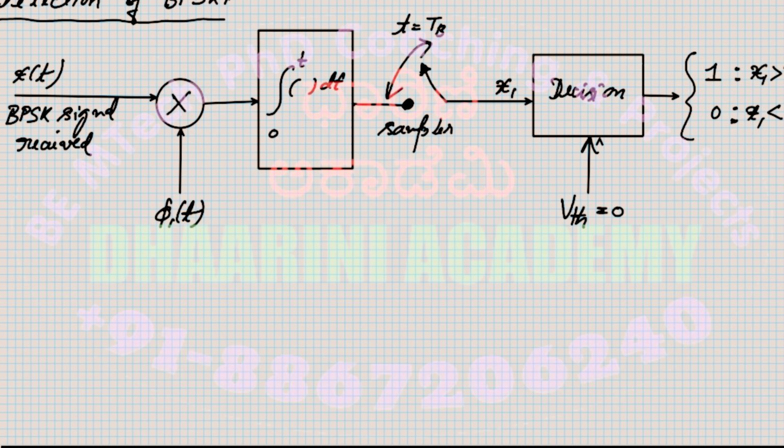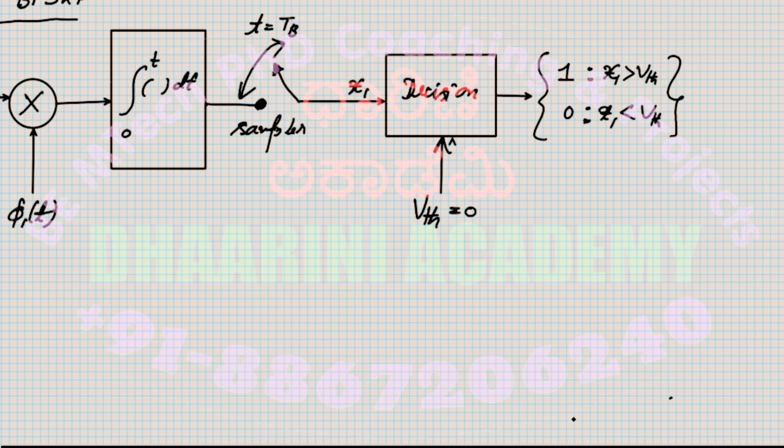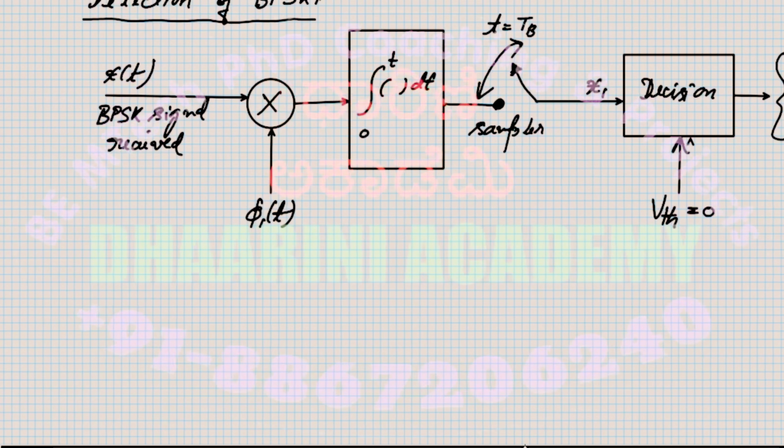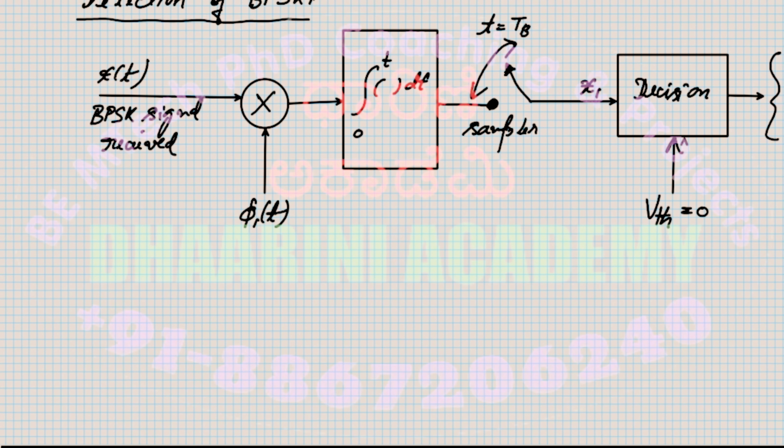That's how we make a decision. This is the way to perform the decision process. Overall, at the end you will get the binary 1 or 0 that was sent initially. So that's the detection process.